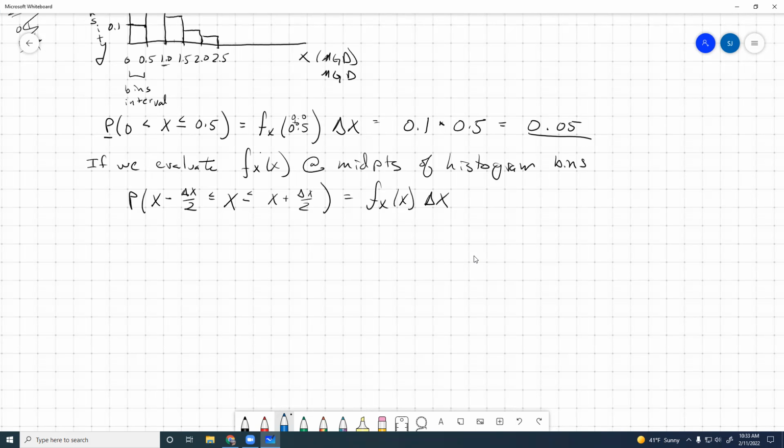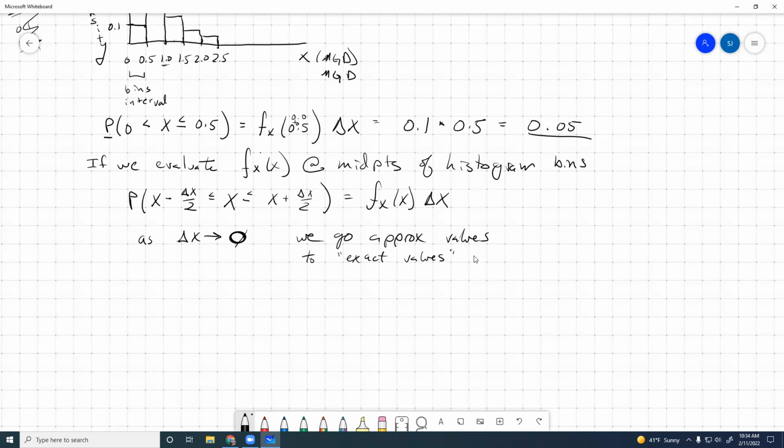Then as delta x goes to 0, we go from approximate values, because the bin width is really just arbitrary. You can make those bin widths smaller and smaller. We go from approximate values to exact values, assuming we have enough data to fill that in.